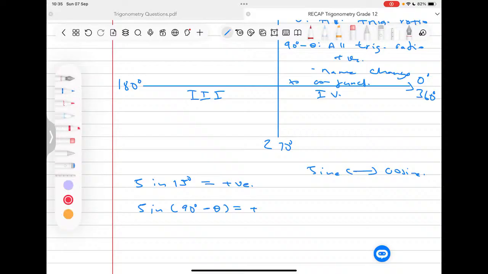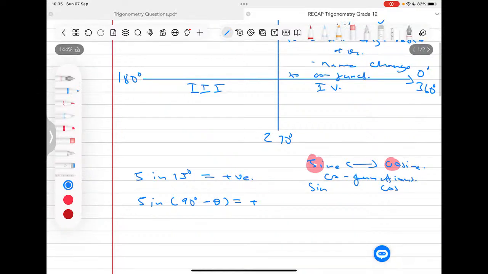That's why here these two names, this one is a sine and this one is a cosine. And in short, usually how we write this, we say this is a sine and we write this as a cos. So cos is a co-function of sine. So these two trigonometric ratios are co-functions of each other.